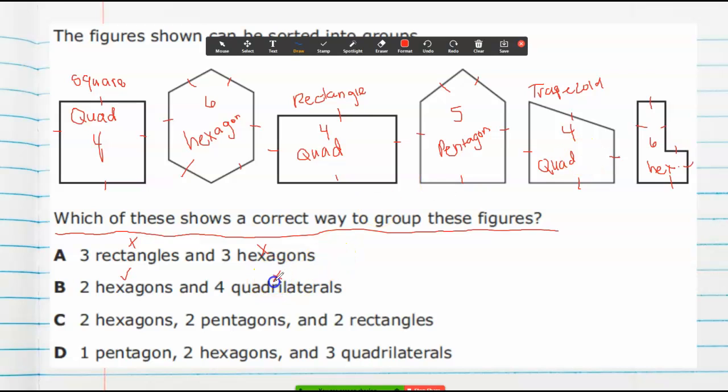Nope, I have 3 quadrilaterals. 2 hexagons. 1, 2. 2 pentagons. I only have 1 pentagon. And 2 rectangles, I only have 1 rectangle. 1 pentagon, yes. 2 hexagons, yes. 3 quadrilaterals, 1, 2, and 3. So my answer is D.